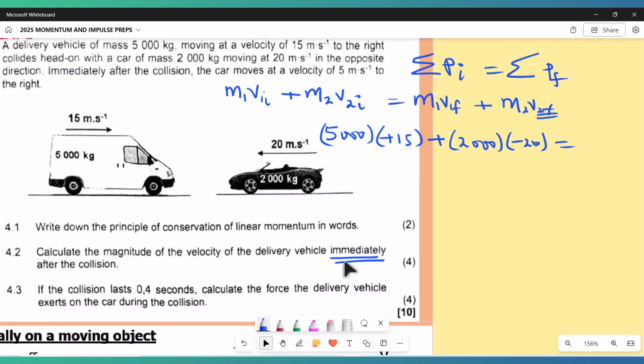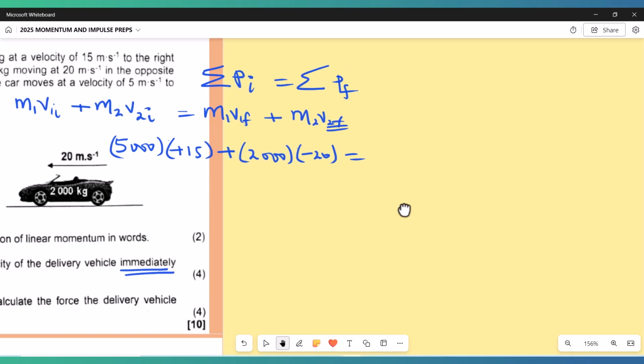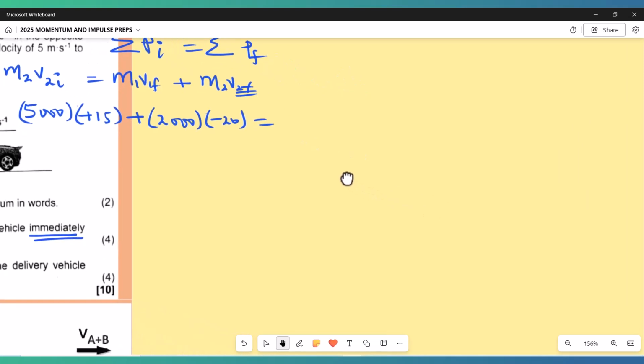This must equal the mass of the van, 5,000, times the final velocity of the van, that's what I'm looking for, plus the mass of the car, 2,000 for the small car.